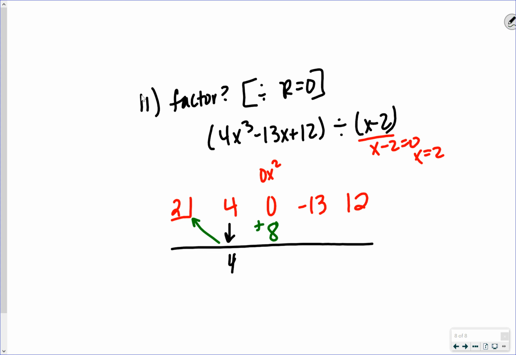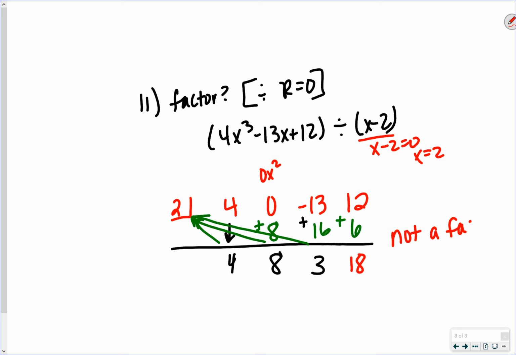Add straight down, you get 8. 8 times 2 is 16. 16 plus -13 is a 3. 3 times 2 is 6. 6 plus 12 is 18. Not a factor. Since this is not 0, it's not a factor.